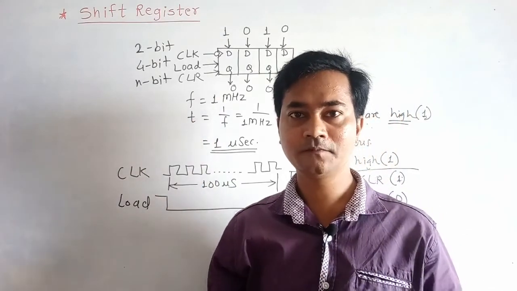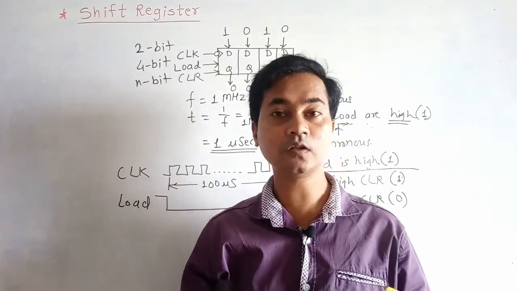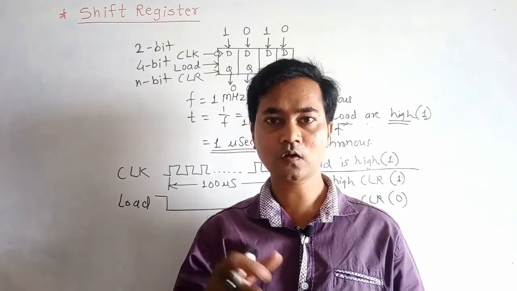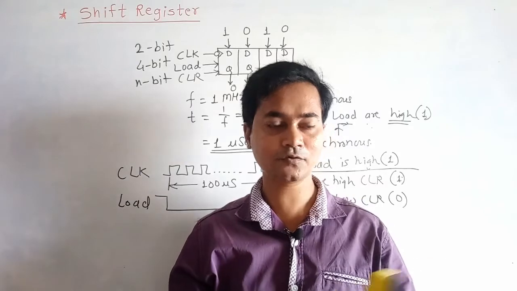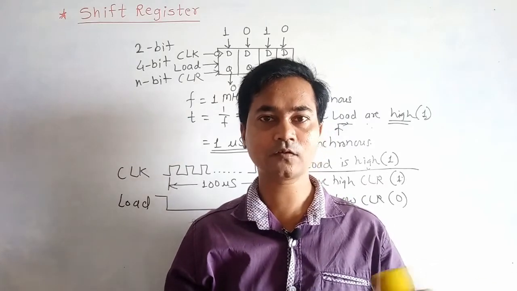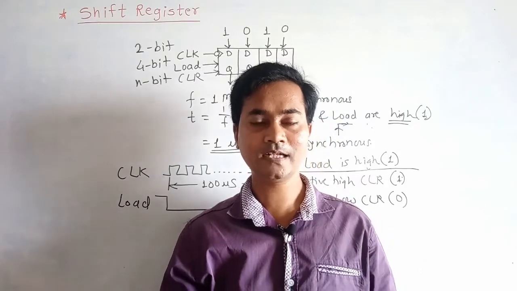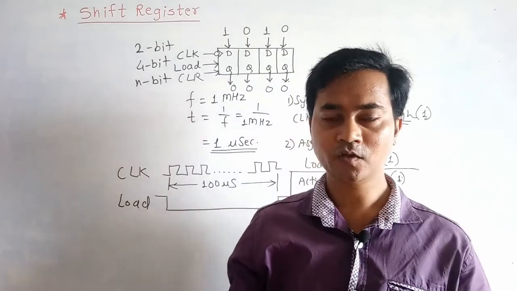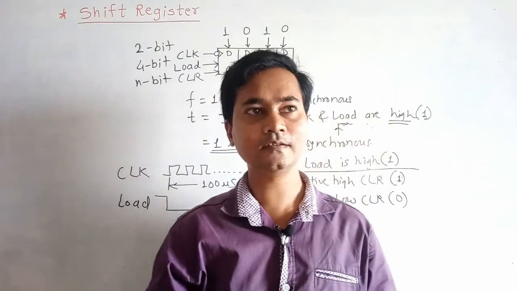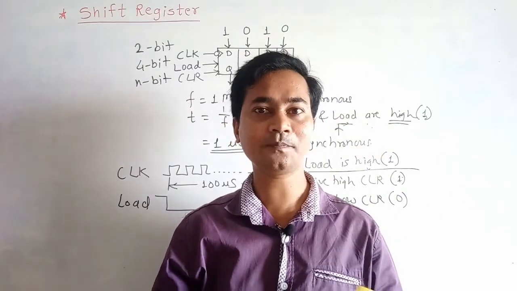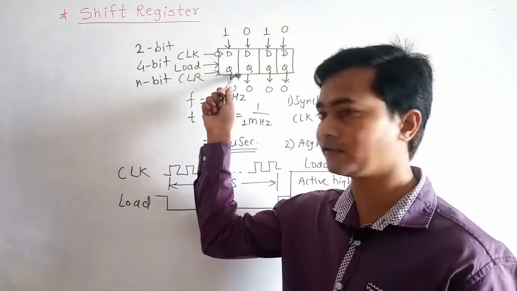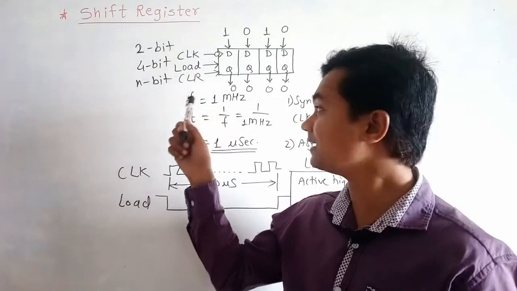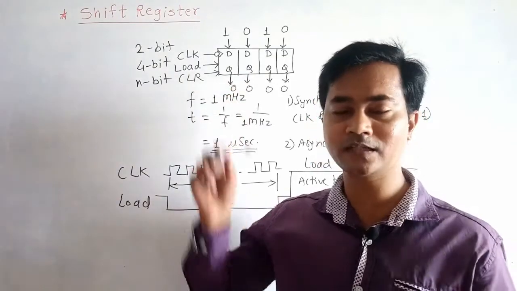That is, if you want to interface a number of 7-segment displays to a microprocessor or microcontroller, meaning multiplexed 7-segment displays, or if you want to use LED dot matrix displays, then in that case we use these shift registers. Some special ICs are also available for shift registers.